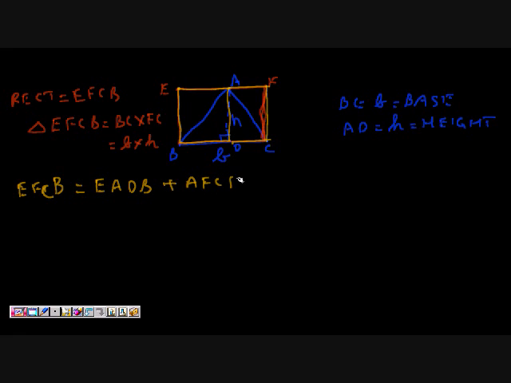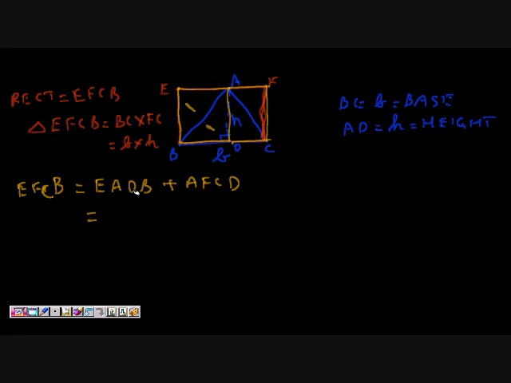AFCD. Okay. Now, as we can see, if we take this rectangle EADB, the line AB is the diagonal of that rectangle. So that means that the area of this triangle EAB should be equal to the area of this triangle ADB.